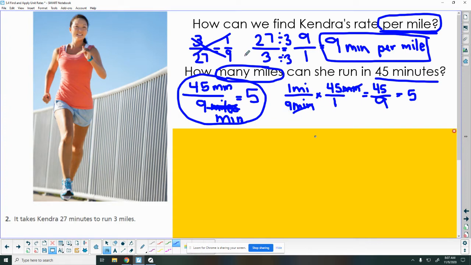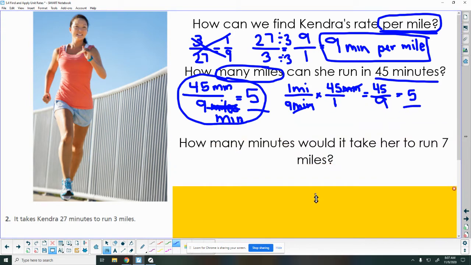So when we're dividing, we want our labels to be across from each other. So this was miles, miles, miles. But when we're multiplying, you actually flip them so they're diagonal from each other so that they'll cancel out. But either way, we came up with an answer of 5.